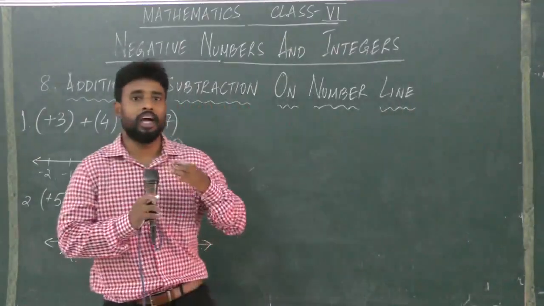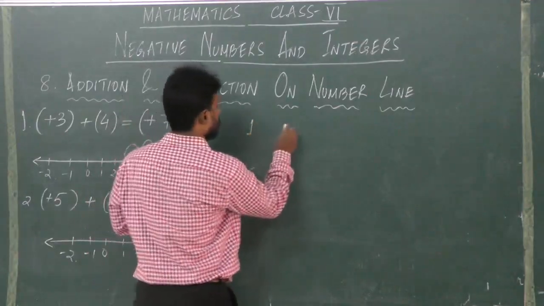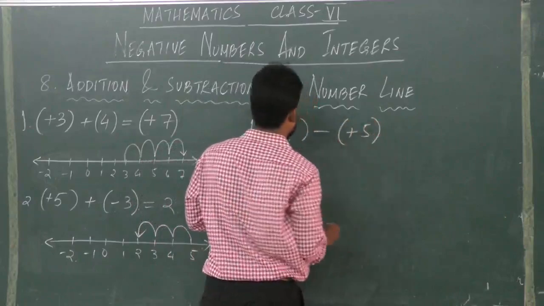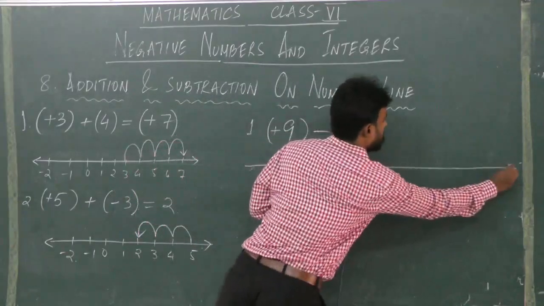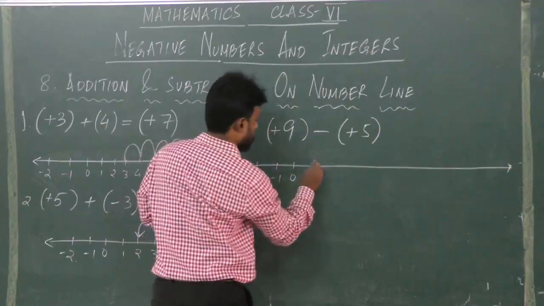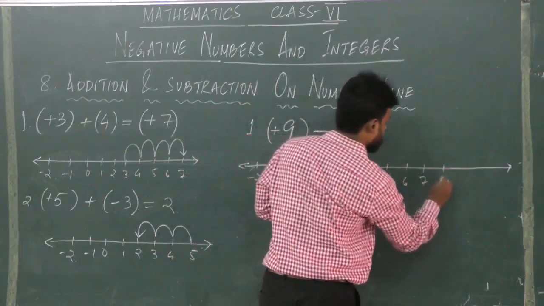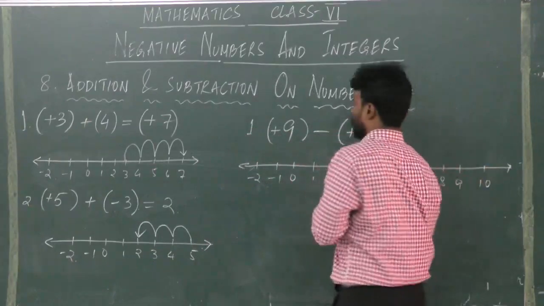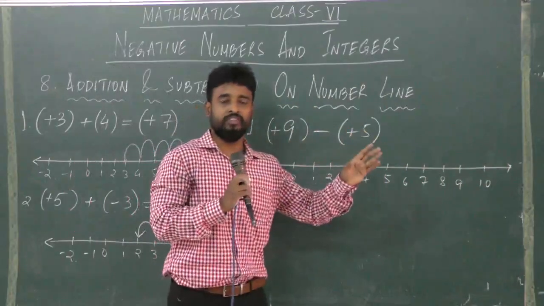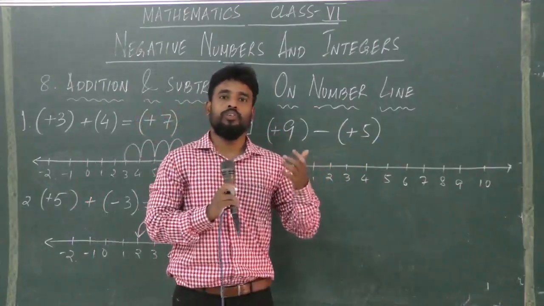Suppose we want to subtract a positive number from a given number. So according to the rule, when we want to subtract a positive number from a number, we will move to the left.